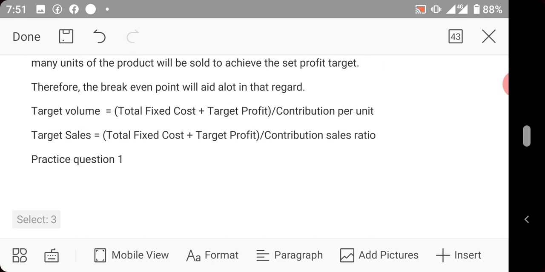You already know how to compute contribution per unit, and you already know how to compute contribution sales ratio. I will reiterate the formula again. Contribution per unit is variable sales price minus variable cost, while contribution sales ratio is contribution per unit divided by sales price per unit.